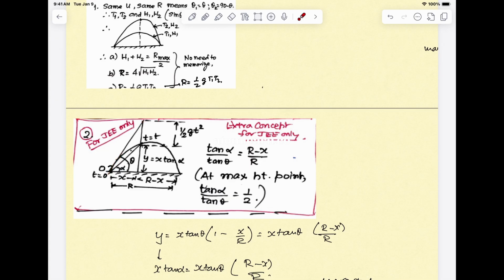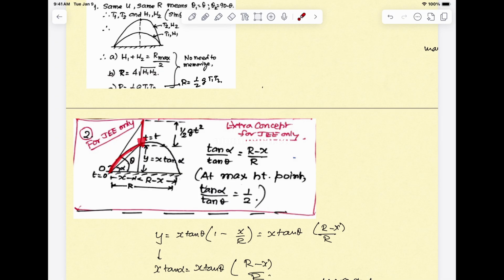At the time of release of the stone, the bird free drops itself from that height. Now you must prove that the stone will always hit the bird, because the stone will take this projectile path here. By the time the stone reaches here, the bird should have dropped here.